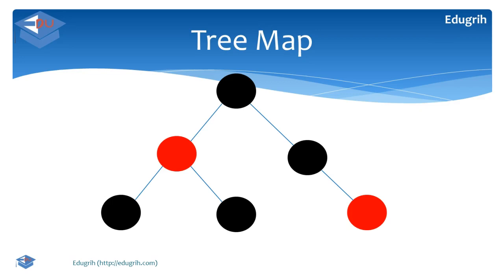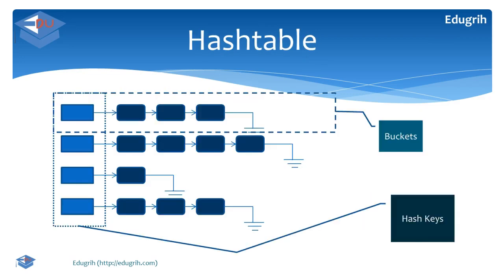Now moving on from tree map, the next one is hash tables. Again, if you look back, hash tables are very similar in structure to hash maps. The basic difference is that it extends the Dictionary class. It belongs to an era when the collections framework was not there, and hash table used to map to the abstract Dictionary class.